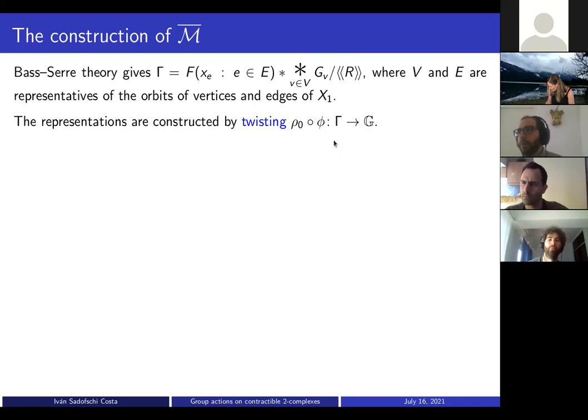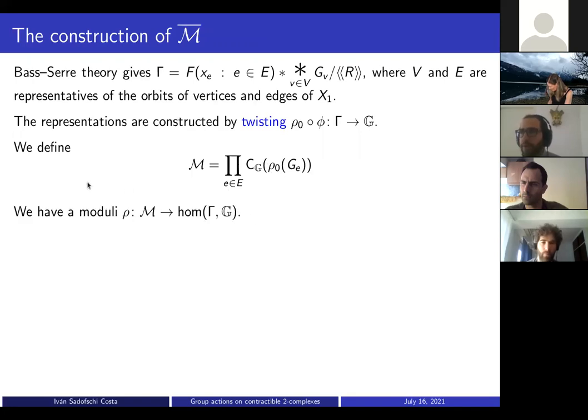So we may twist this map in a certain way, and to do this, we define this space M, which is a product of certain centralizers in the Lie group of the images of these stabilizers by rho 0.